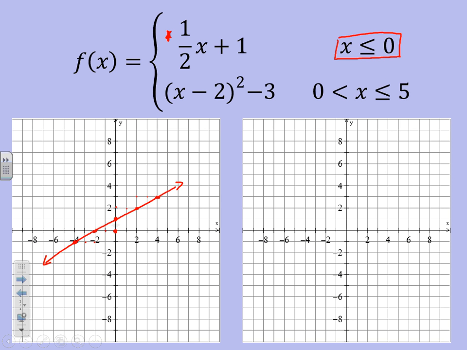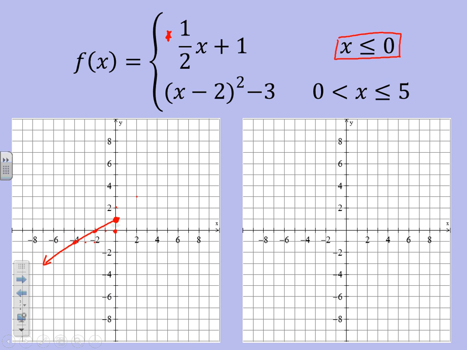Because of the type of inequality, because it has the equal to part, that uses a solid dot instead of a circle. And because we can only use the stuff that is 0 or less, that means everything to the right here is gone. We can't use it anymore. And so what we're left with now is the piece of the piecewise function that we can actually use.